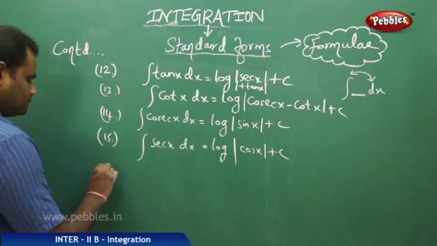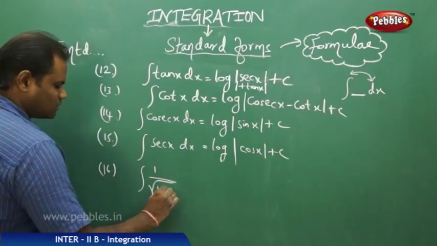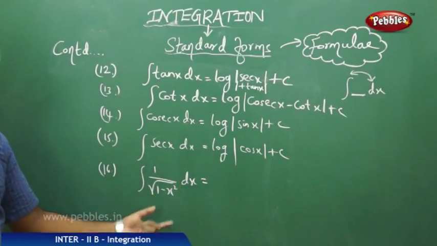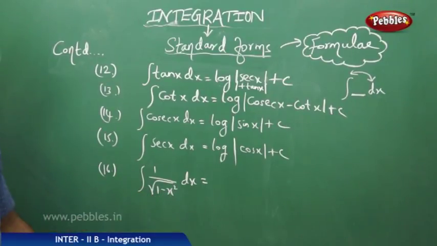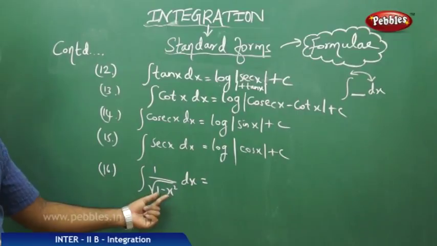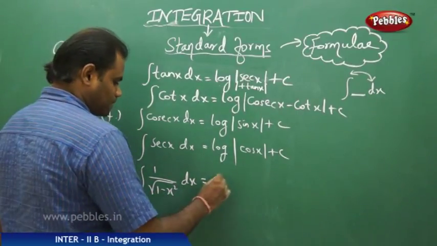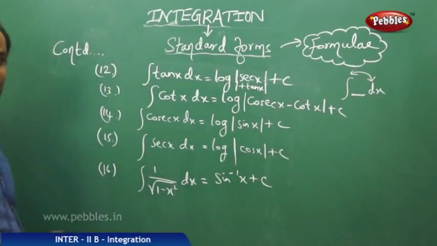And then we have integral 1 by root 1 minus x squared, and of course x is assumed to be inside 1 and minus 1. We don't have the value outside of 1 and minus 1, so x is between 1 and minus 1. So with this I get sine inverse x plus c.